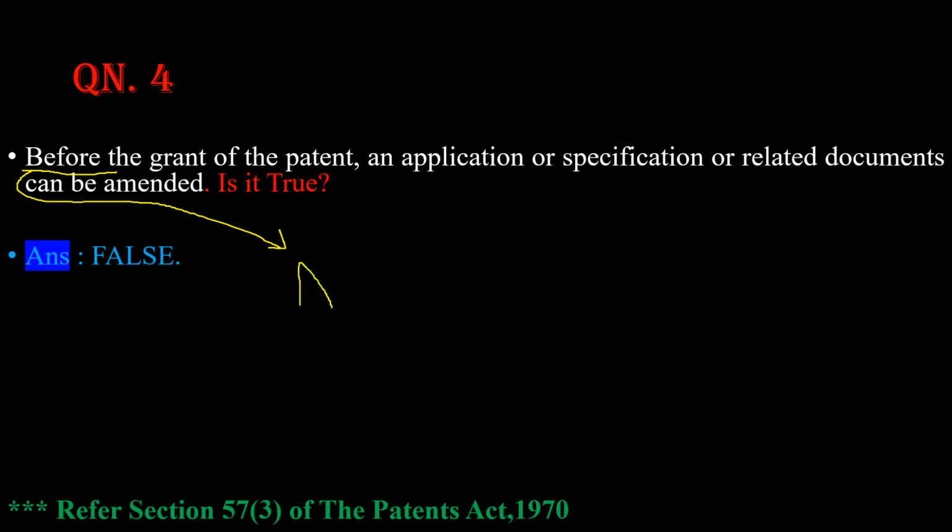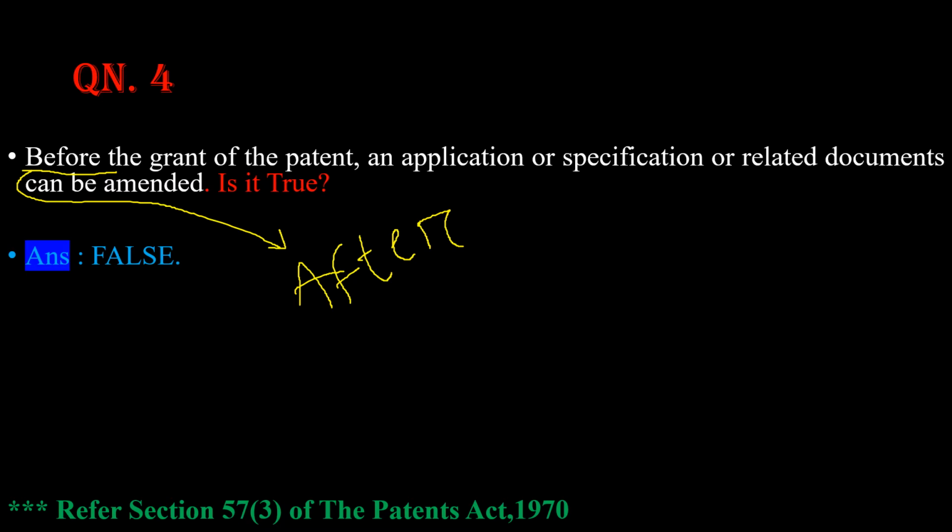If it would have been after, then the statement must be 100% correct. So if I read it like this, after the grant of the patent, an application or specification or related documents can be amended, this will be 100% true.